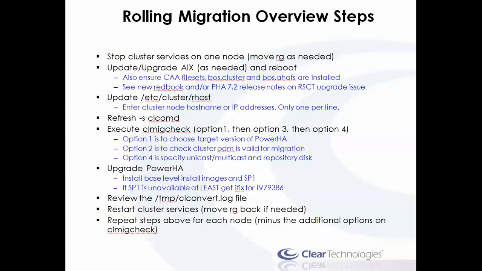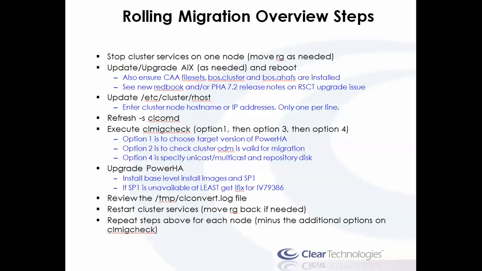So there's a couple of file sets that have to be removed prior to performing the upgrade. It is documented in the release notes in the upcoming PowerHA 7.2 Redbook that we are still currently working on. I will probably put a link in the description or the comments section of this video taking you exactly to what those steps are.